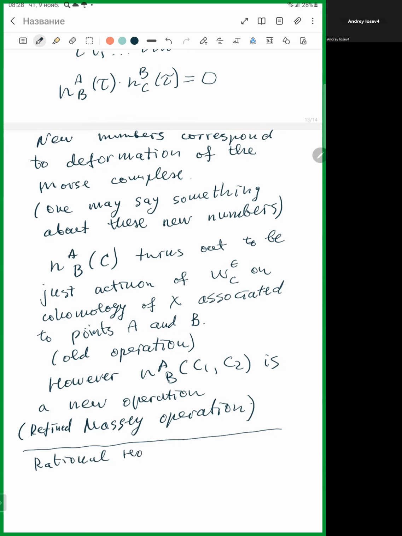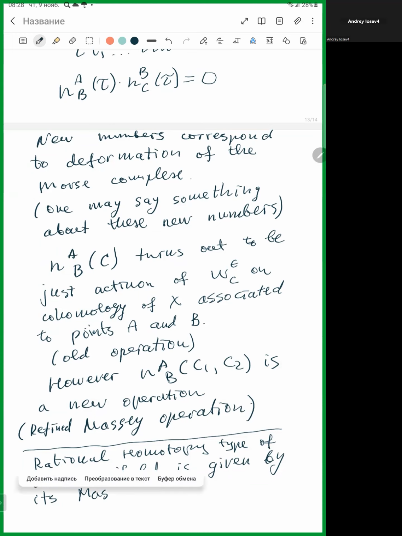Rational homotopy type of the manifold is given by its Massey operations.